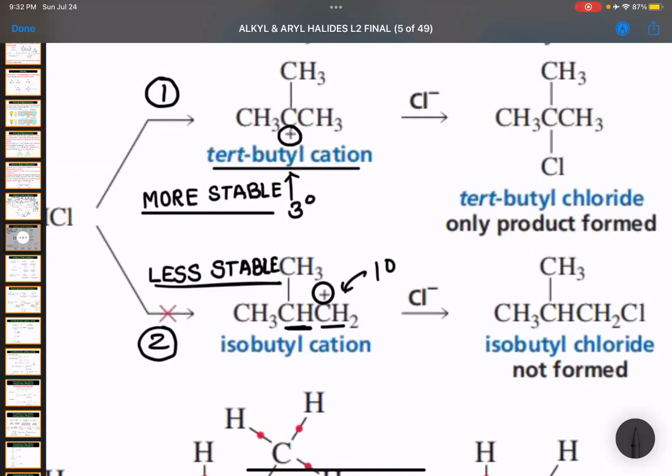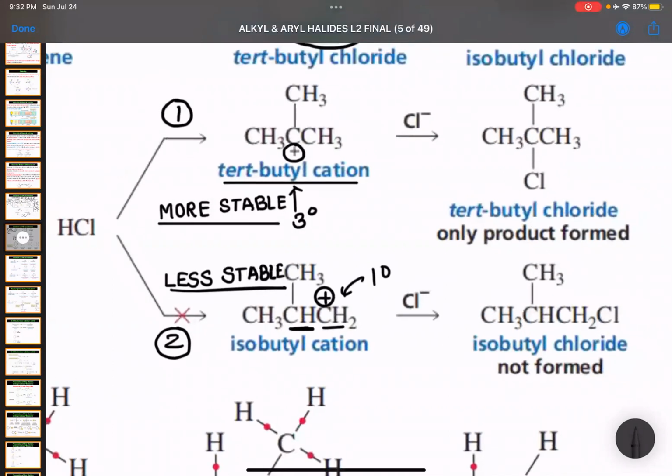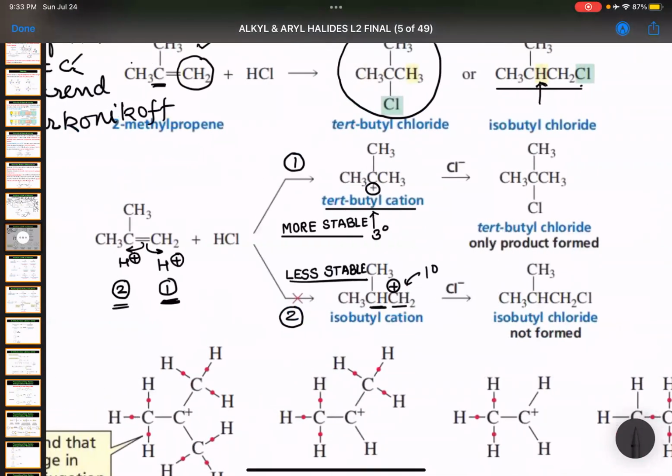Okay, the answer lies in what carbocation actually is. What is the nature of carbocation? Carbocation is an electron deficient species. Carbocation is like this. There is an empty p orbital, due to which it has a plus charge because there are no electrons. It doesn't have 4 bonds, it has only 3 bonds, as you can see over here. It is an electron deficient species.